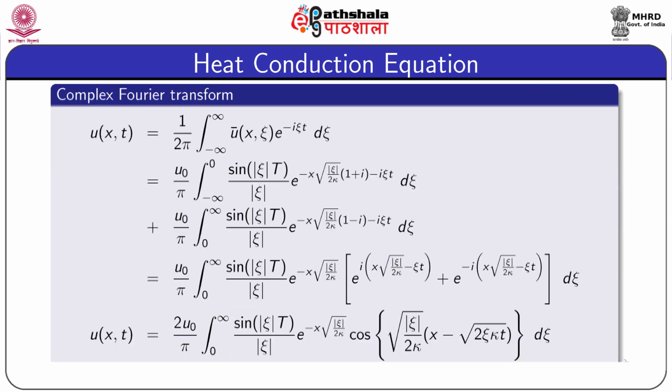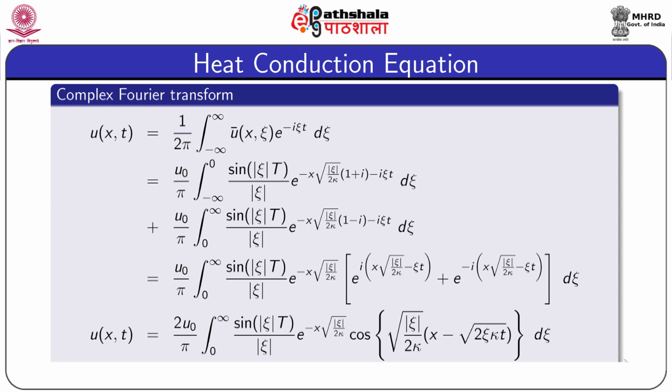Now, to obtain u as a function of x and t, we need to apply inverse Fourier transform. So, this is the formula of inverse Fourier transform. u(x,t) equals 1/2π integration from minus infinity to plus infinity of ū e^(−iξt) dξ. Now, we break the interval into two parts, one for negative values of ξ and the other for positive values of ξ.